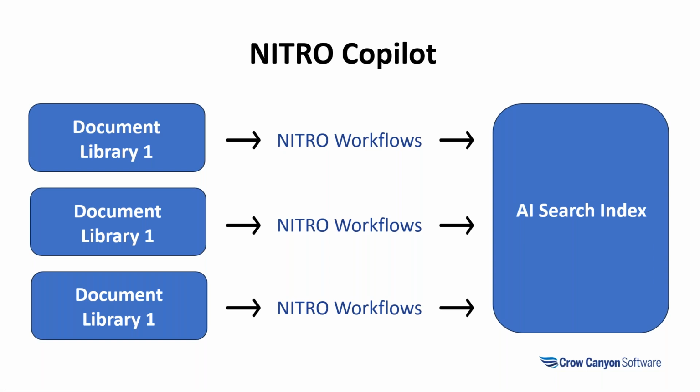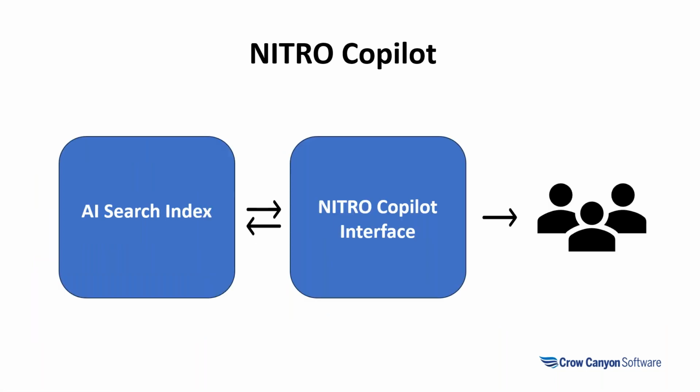So here, let me show you the next step. Once you have the search index, the NITRO Copilot has an interface. That's our Copilot, and then the users. The search index sitting there is a vectorized database that's full of all kinds of information pulled from the document library and turned into what they call embeddings, a certain kind of structure that the AI can read and utilize.